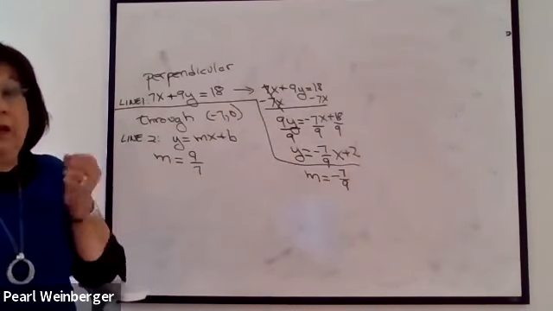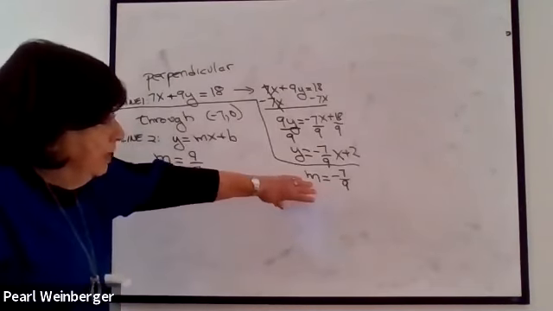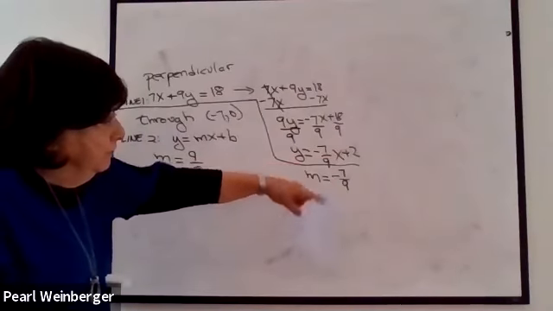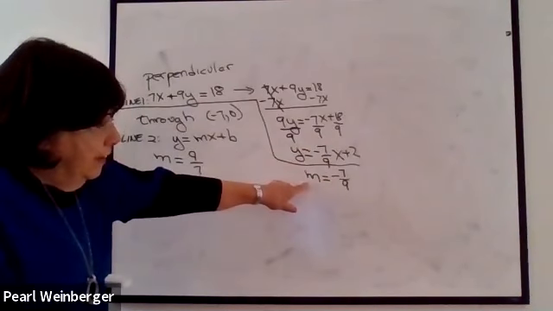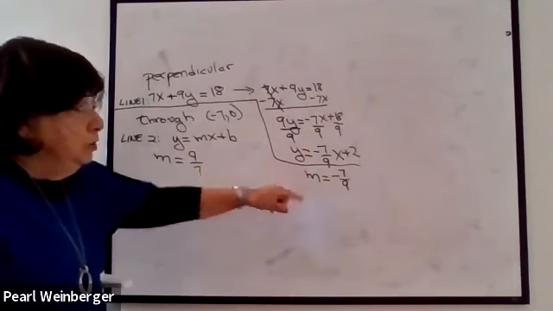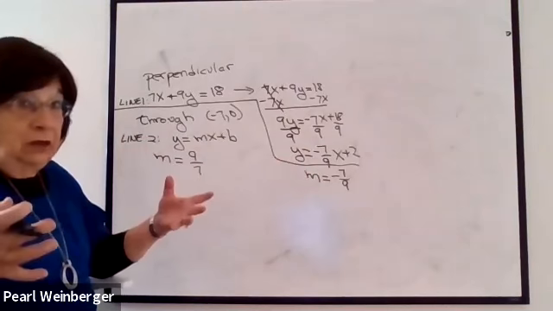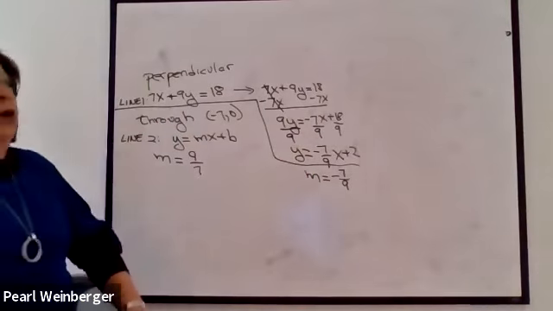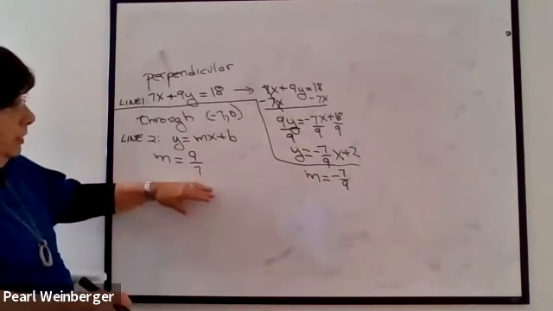Remember, when we have perpendicular lines, the lines have opposite reciprocal slopes, which means I have to flip the fraction and change its sign. Also, remember, if your original slope is a whole number, like 7, its reciprocal has to be 1 over 7. You always have to work with reciprocals as if they were fractions.